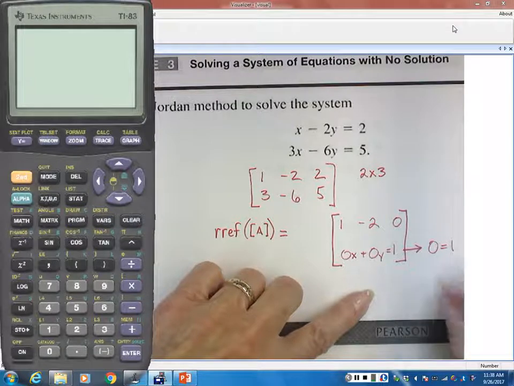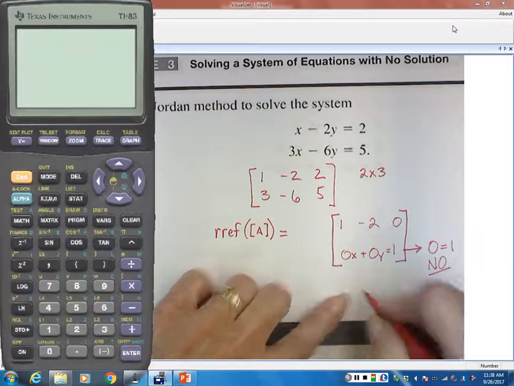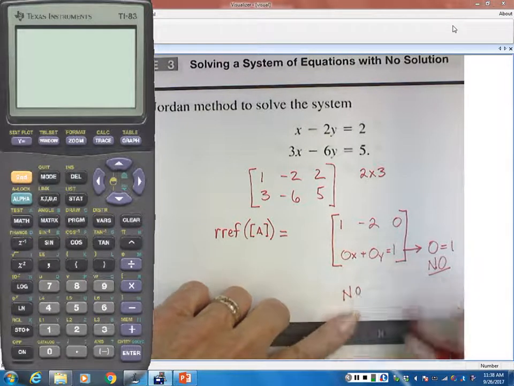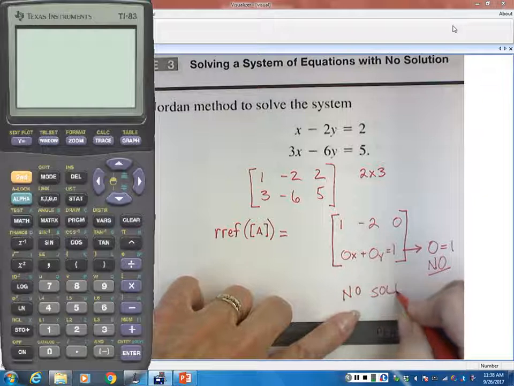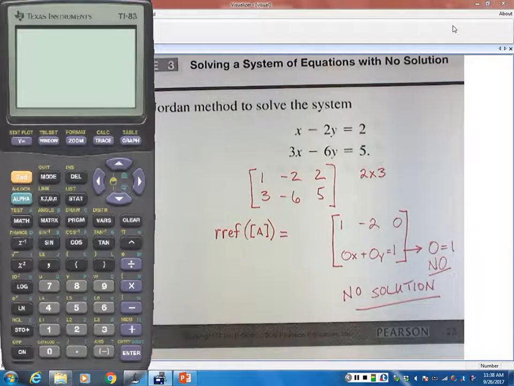Nope. So when the answer to the question, is that true, is no, that tells you how many solutions you got. No solution. That is called an inconsistent system. Okay? The matrix tells you the same thing that it would if you went through all the algebra.